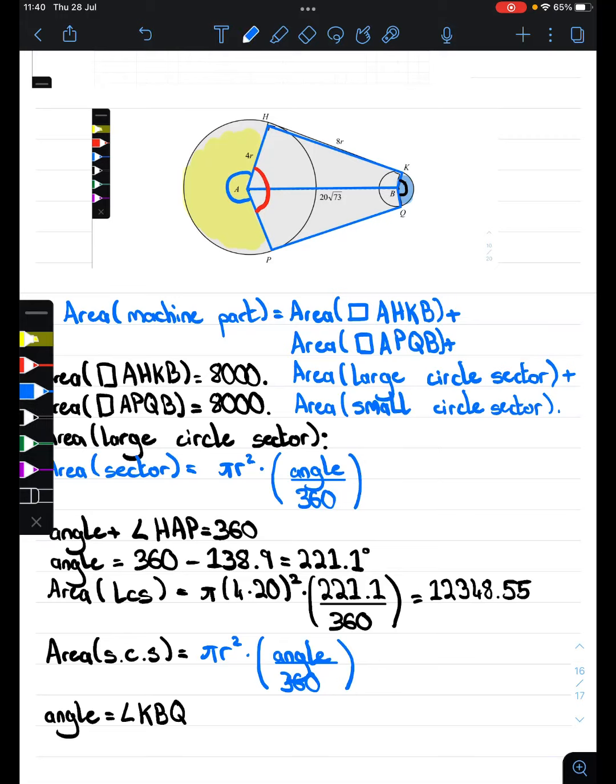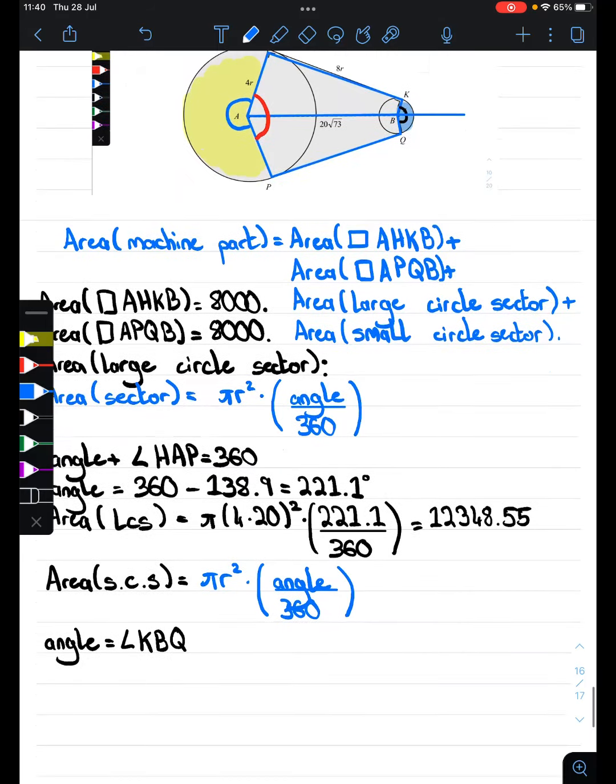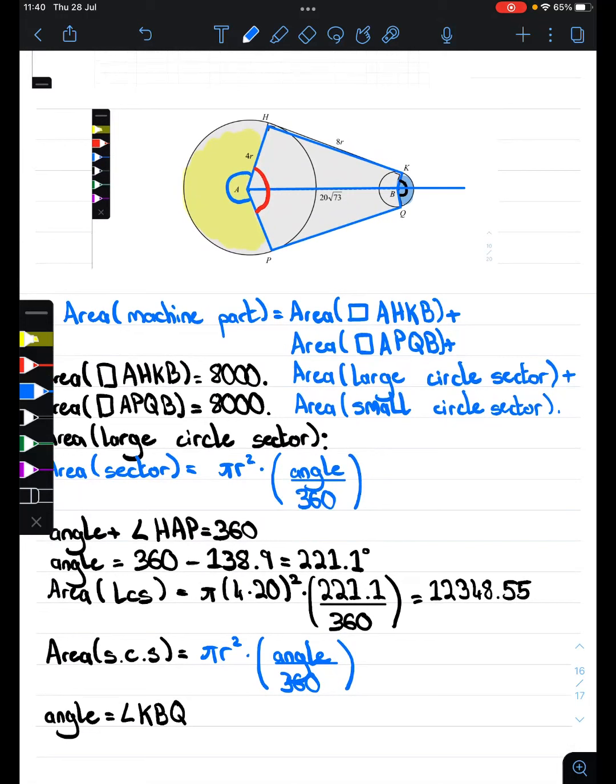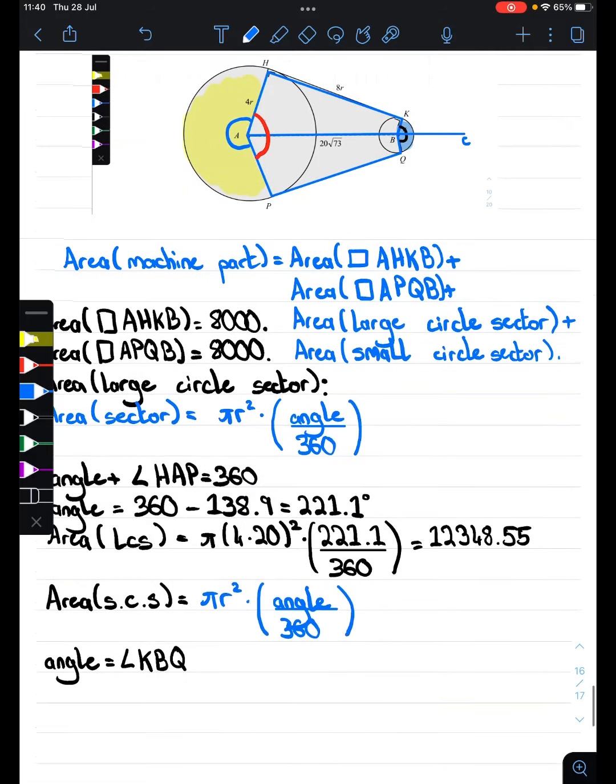Let's say we extend AB and call the point C. We might notice that KBQ is equal to KBC plus QBC.